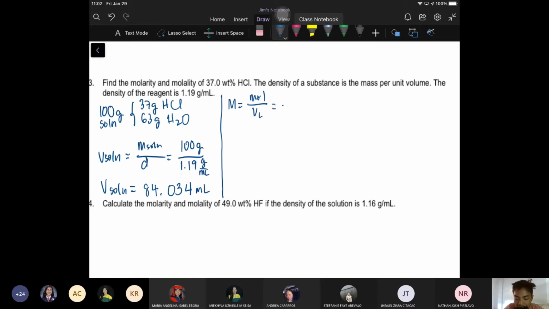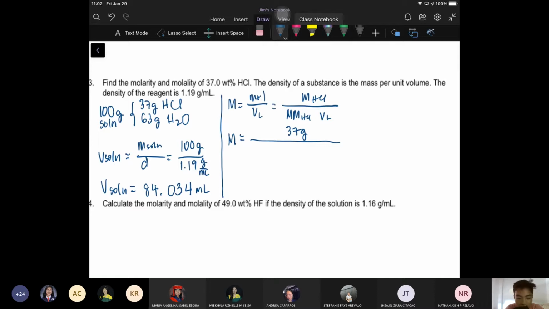We can expand that as mass HCl over molar mass HCl, over volume of the solution in liters. Okay, so mass HCl, that's 37 grams based on our assumption. The molar mass of HCl, tingin sa periodic table: hydrogen 1.008, chlorine 35.453, add them.